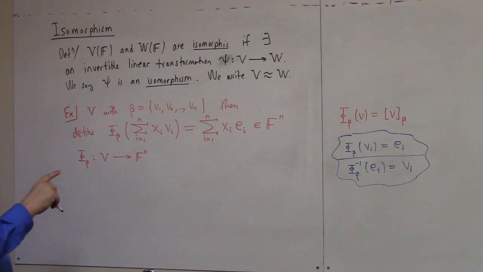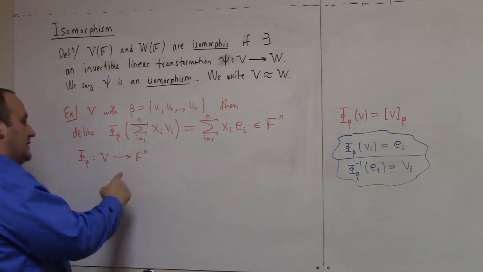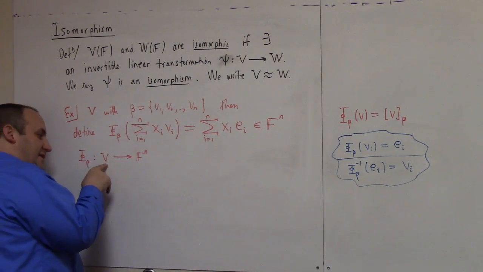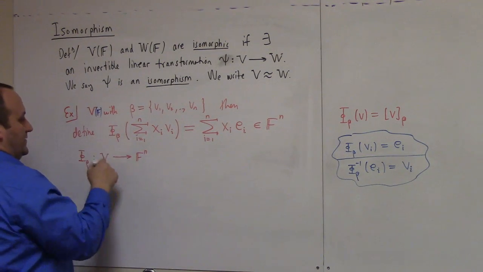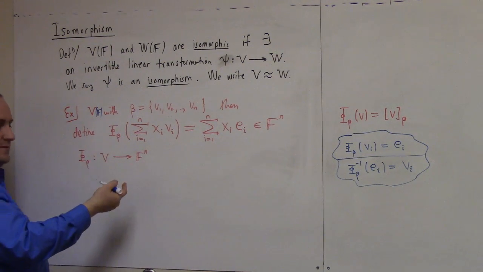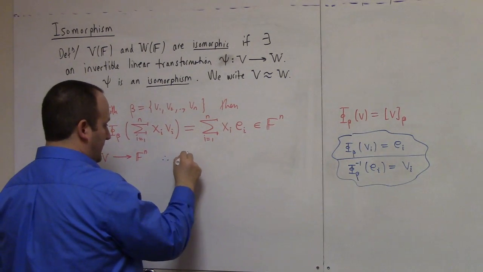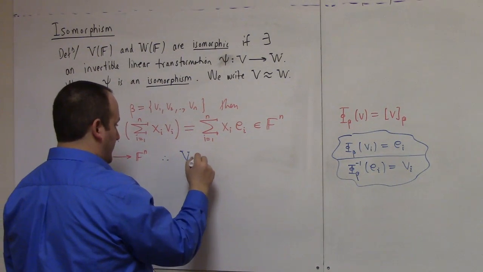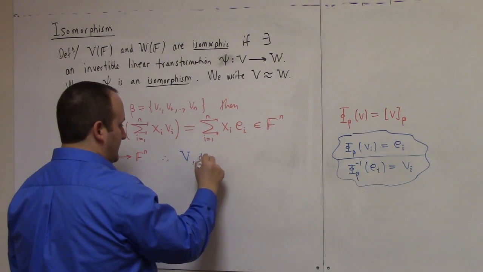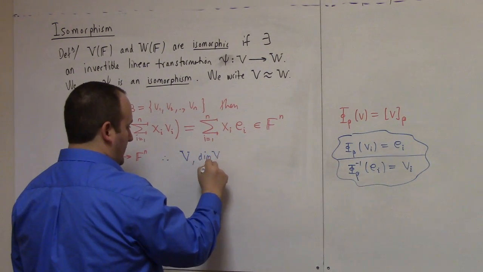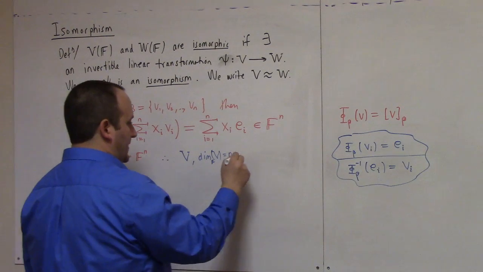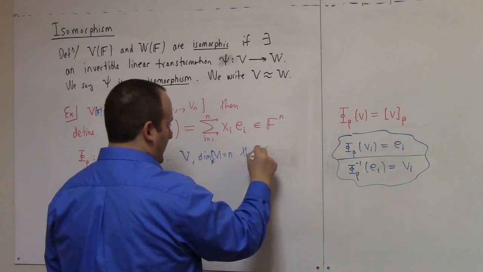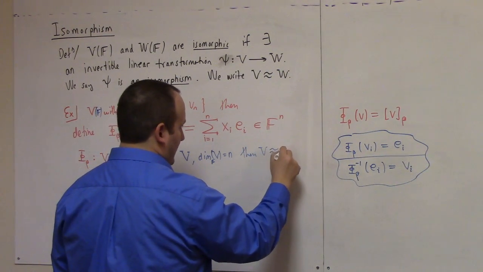So what I was getting to is this is an invertible linear transformation from the vector space V, which I'm assuming is over the field F, to Fn. And what this shows you is, of course, therefore, with the dimension of V over F equal to n, then V is isomorphic to Fn.